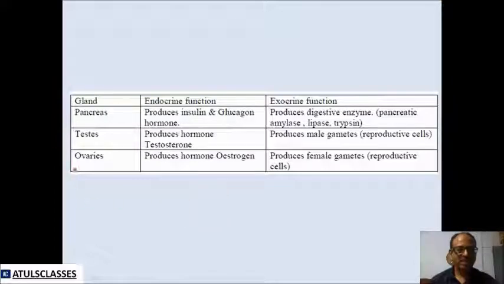The pancreas. It produces insulin and glucagon, as well as acts as a digestive enzyme producing organ also. Testes produce testosterone, plus they also produce male gametes or sperms. Ovaries produce estrogen, plus they also produce female gametes. So they have both the functions, endocrine as well as exocrine.